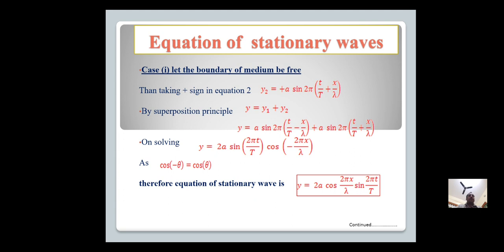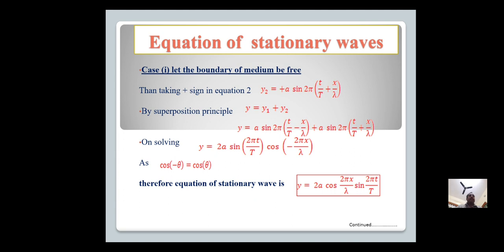Using the superposition principle, the displacement of the resultant wave is given by y equal to y1 plus y2. We substitute the values of y1 and y2, and using the formula for sin C plus sin D and cos of minus theta equal to cos theta, we get the equation of the stationary wave as y equal to 2a cos 2 pi x upon lambda sin 2 pi t upon capital T.